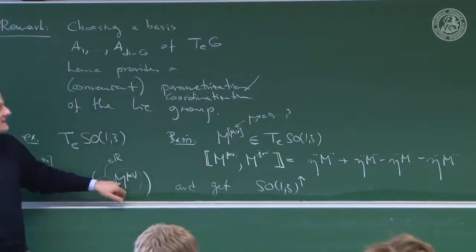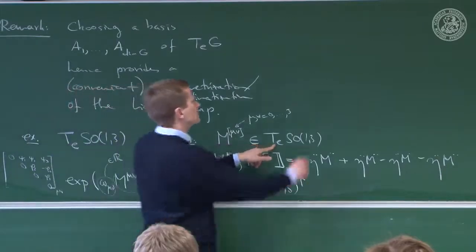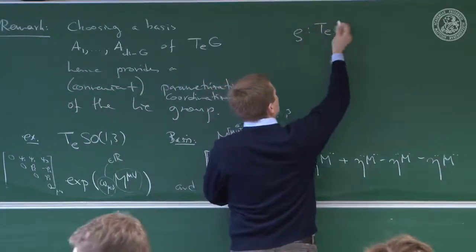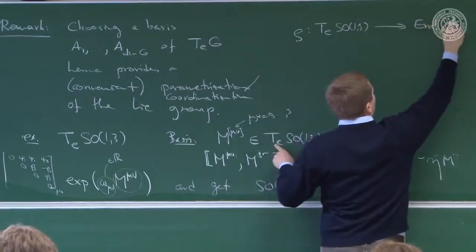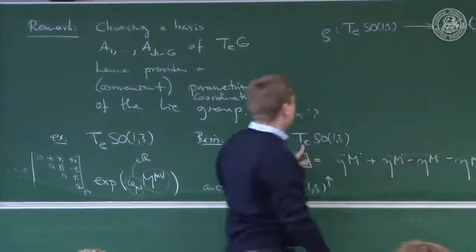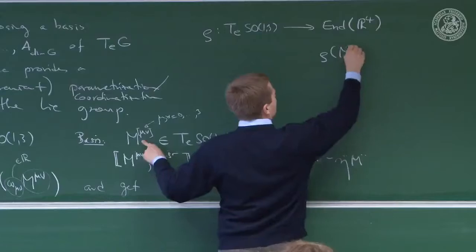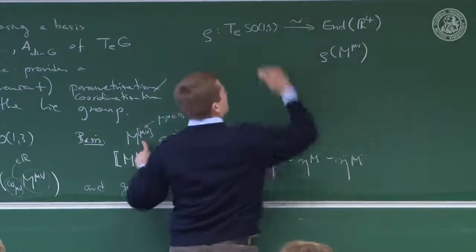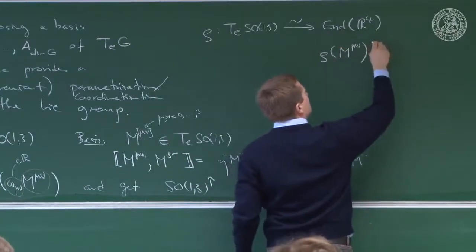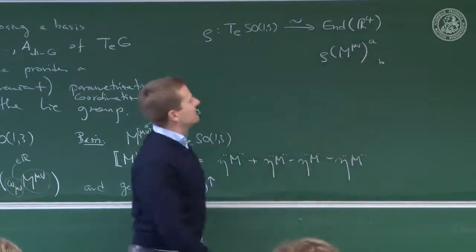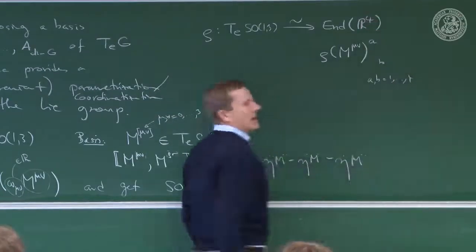If you now represent the algebra, that means you have a representation, well in this case of SO(1,3), and you decide to represent the algebra on, say, R4, then each M_mu nu, so then you can say the representation of each basis element, you know the representation is linear, so I only need to define it on a basis, and the representation is then a matrix with indices A, B, where A and B run from 1 to 4, that acts on R4.